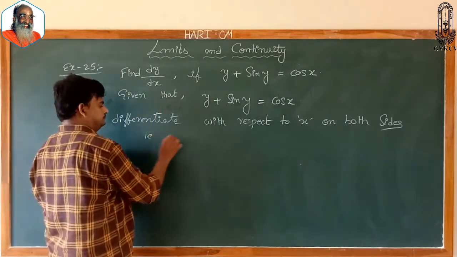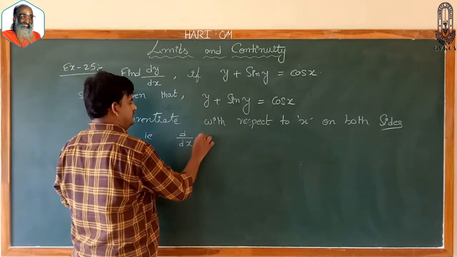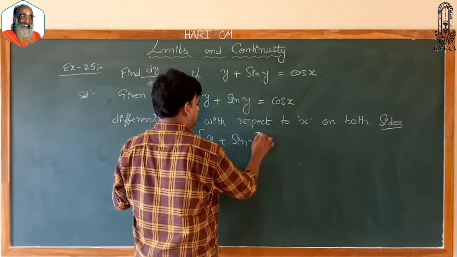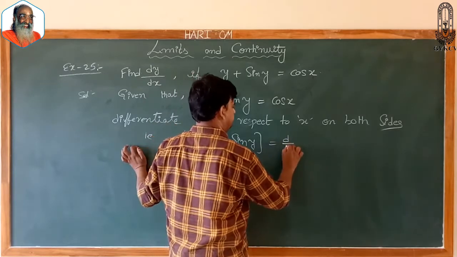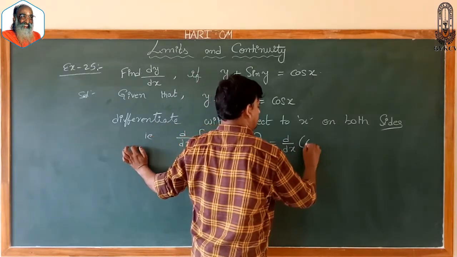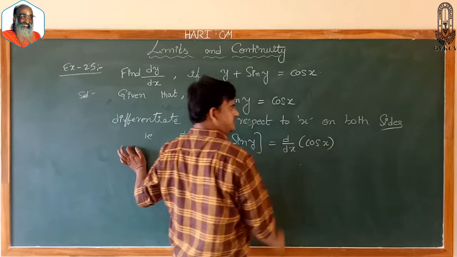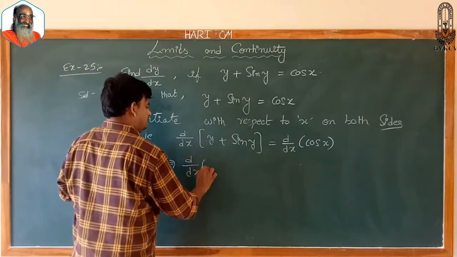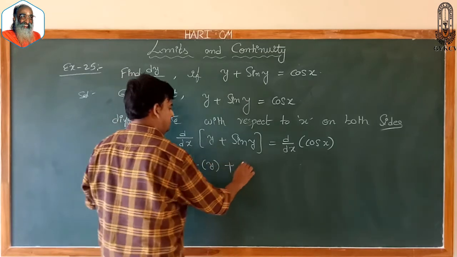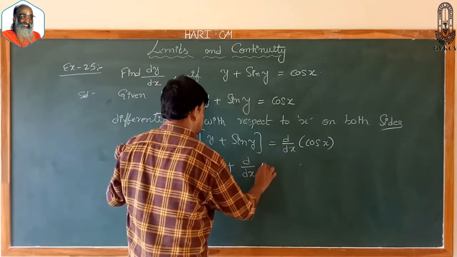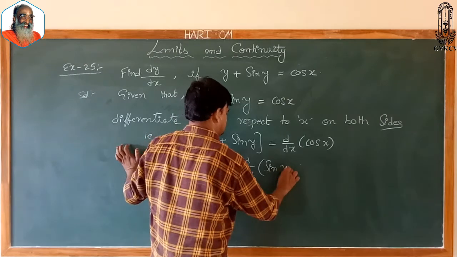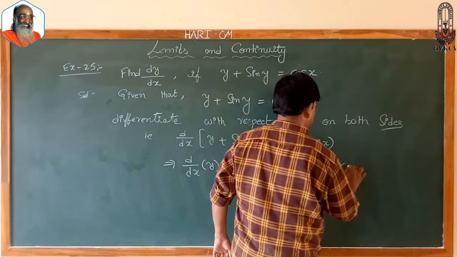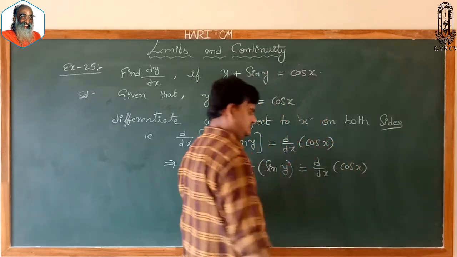That is d by dx of y plus sin y is equal to d by dx of cos x. That implies d by dx of y plus d by dx of sin y is equal to d by dx of cos x.